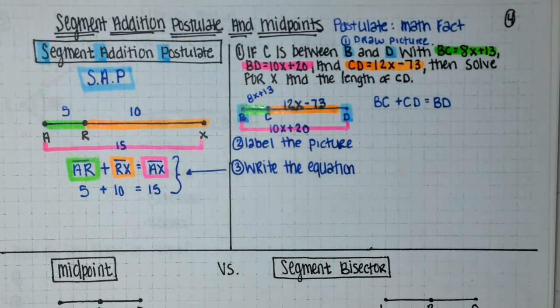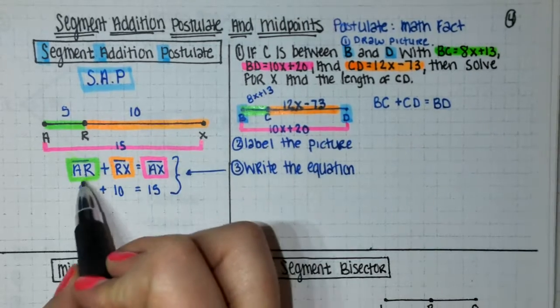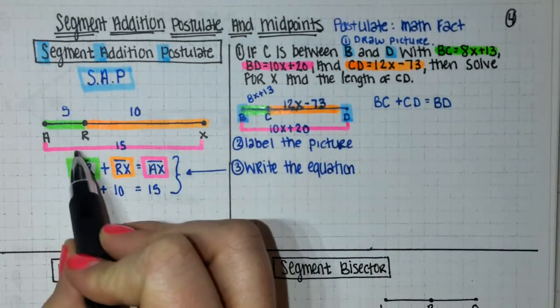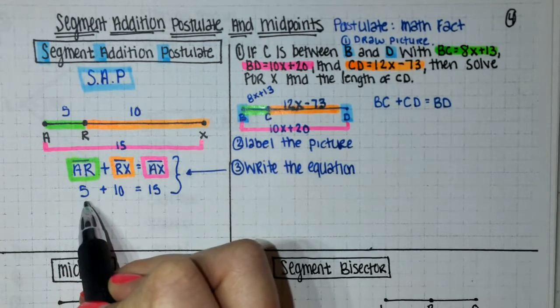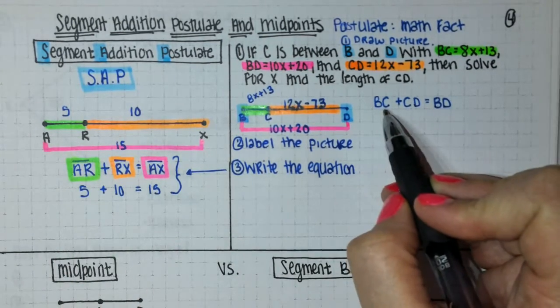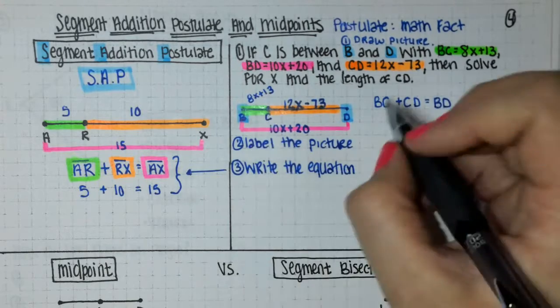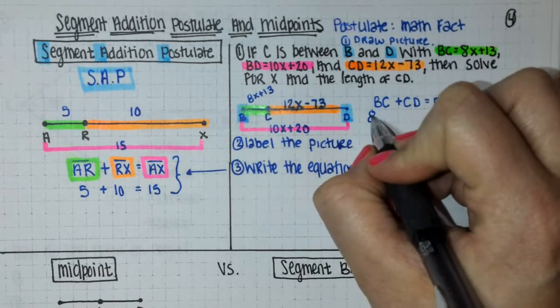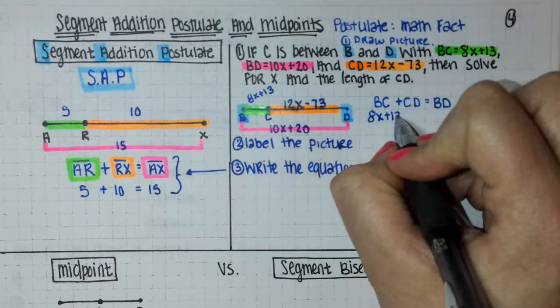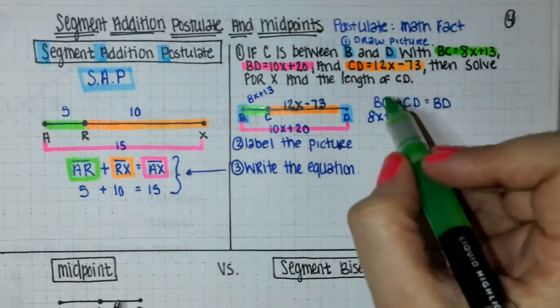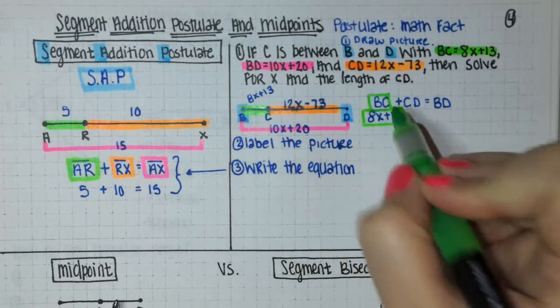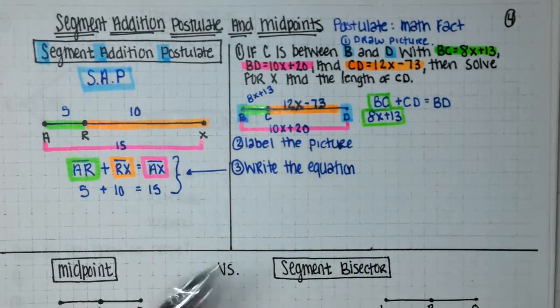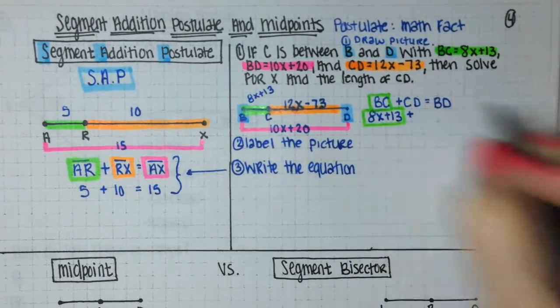Once we write our equation, then we're going to substitute. So that's where we replace the letters with actual numbers, whereas this one right here, AR is 5. We replaced AR with 5. So over here, BC is 8x plus 13. So underneath BC, we're going to put 8x plus 13. All we're doing is replacing this value of BC with an actual number. Then we're going to add the length of CD.